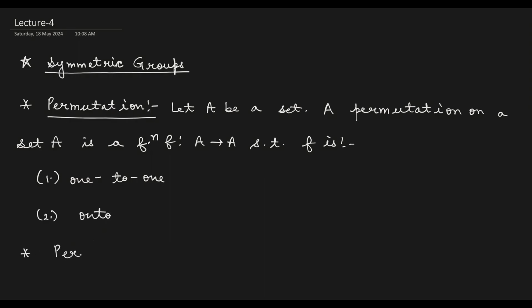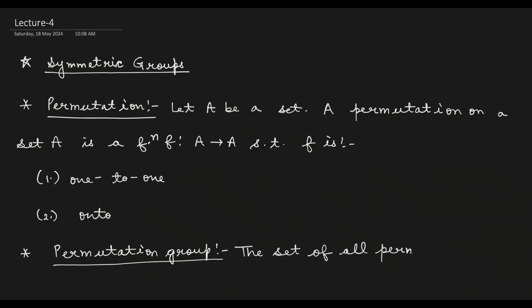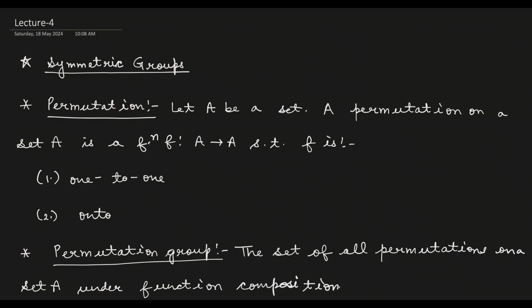Next, permutation group. The set of all permutations on a set A under function composition forms a group called the permutation group.